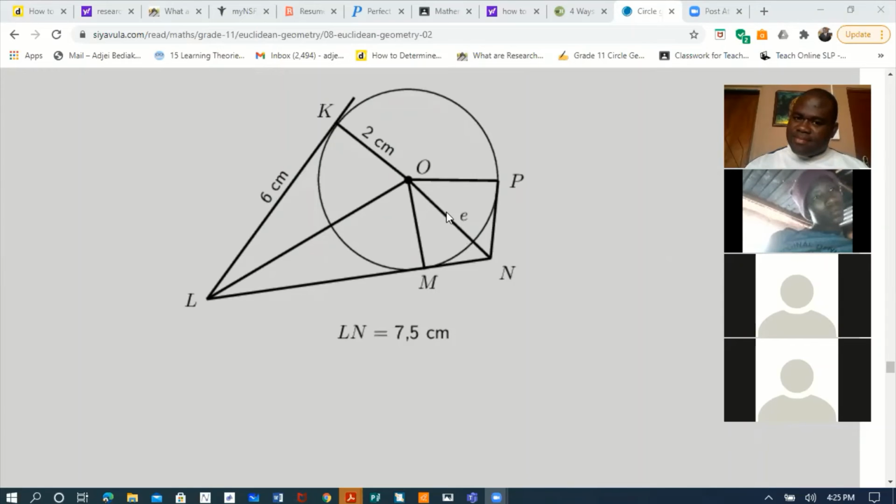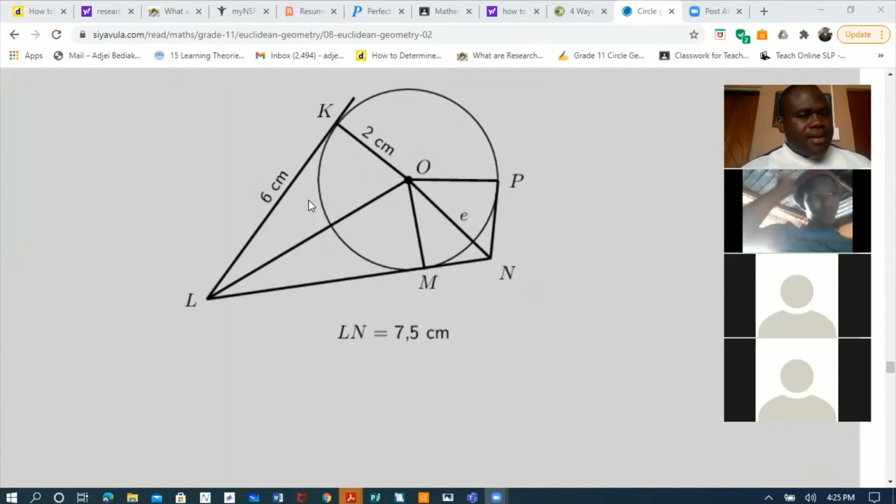It's not a radius. Thank you. Okay, let's also go to this LK. LK is 6 centimeters. Can we take this LK somewhere? To LM.